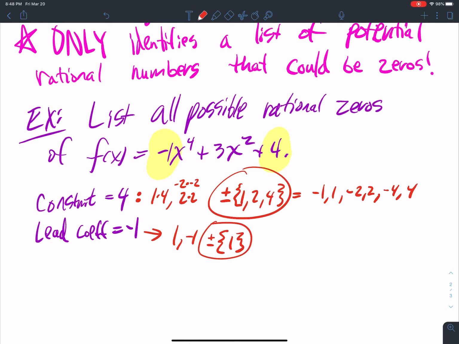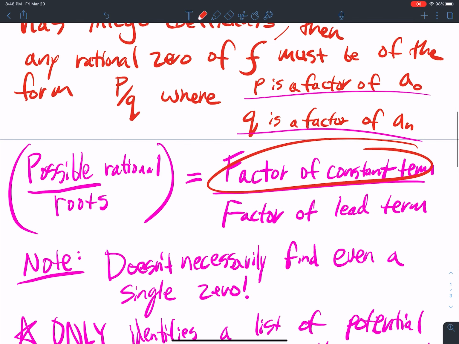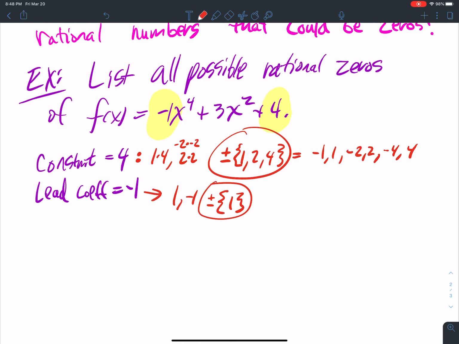Now, what does our rule say? It says the possible roots are what? The constant divided by the lead term. Now, how you remember that is up to you. So this is my A0 over my AN.